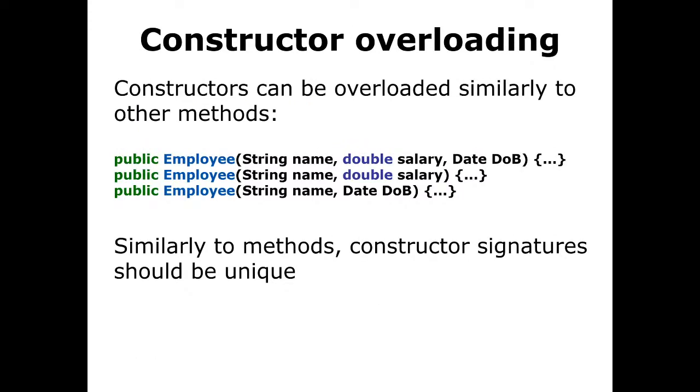So the constructor overloading, the same with the constructors as for the methods. For constructors, it's absolutely the same, that we can have different signatures of the constructors, same way as for the methods. And they should be unique.